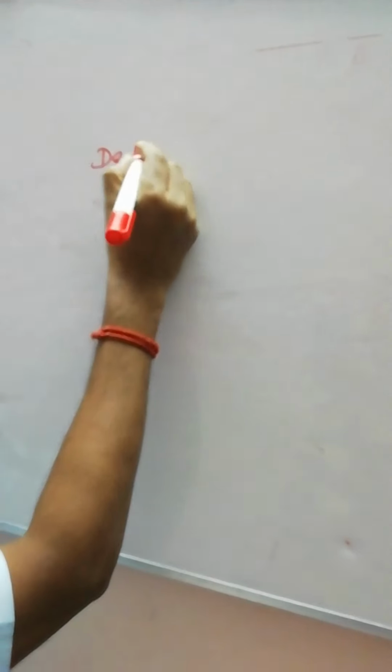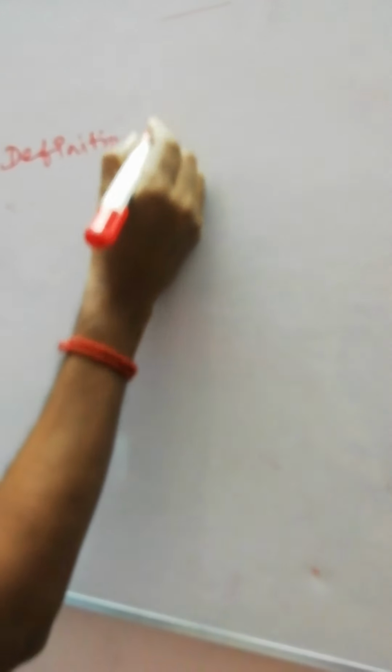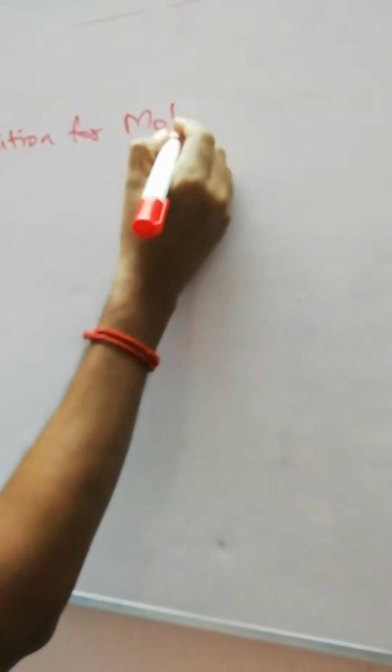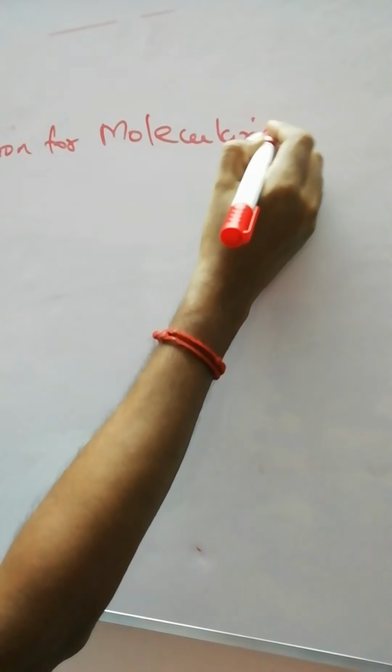Next I am going to tell the definition of molecularity. Each reacting species, which may be an ion, atom or molecule, in an elementary reaction must collide simultaneously to bring about the chemical reaction; this is called molecularity.